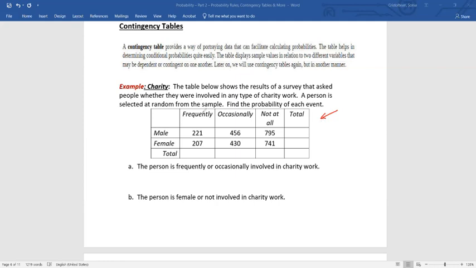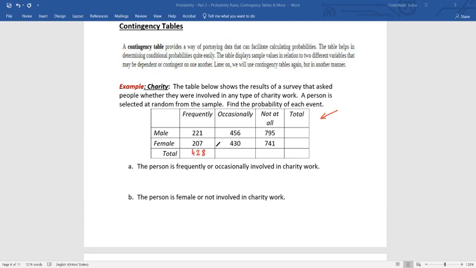You see the two variables, one variable right here, male and female, and the other variable for this specific example right here on the top: frequently, occasionally, not at all. Now, if you add all of these numbers in the first column, the frequently partial total will be 221 plus 207, so it will be 428.